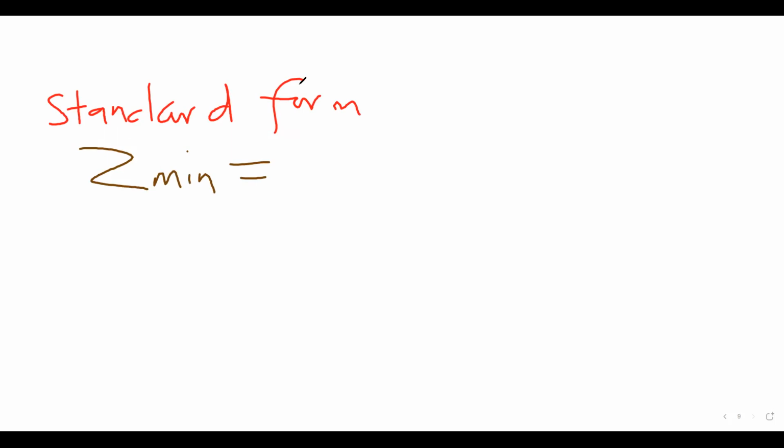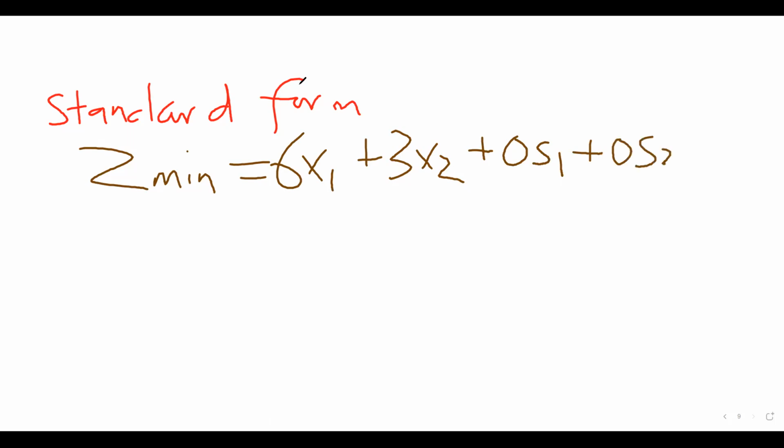Okay, and the objective is 6x1 plus 3x2 plus our surpluses, and we attach 0 to it. So 0s1. S1 will be the surplus for the nitrogen, and then 0s2 that will be the surplus for phosphate. Okay. They are 0. So it means that they don't contribute anything. Even if you multiply 0 by S1 and S2, you get back the same thing. They don't contribute anything. This is the standard form.